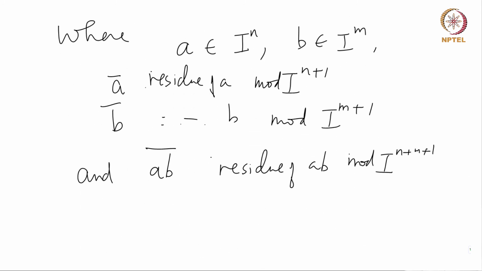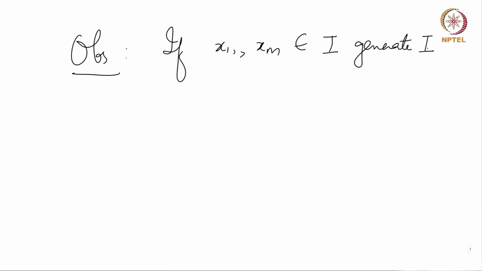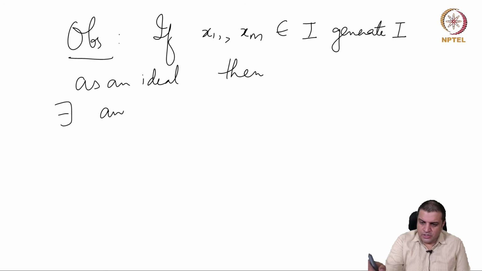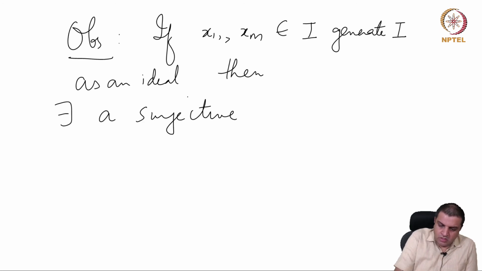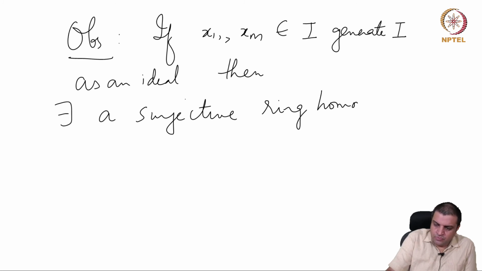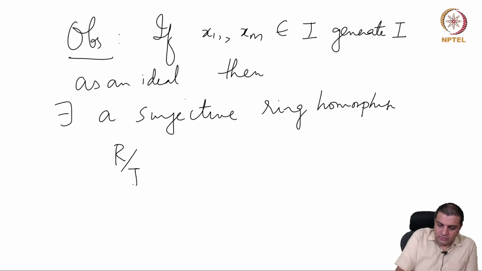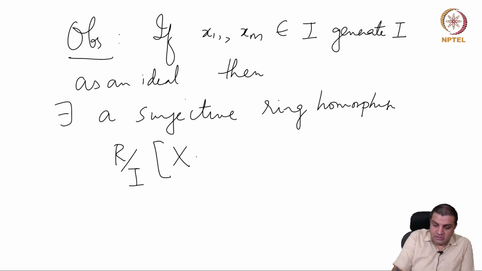And the observation that we would like to make at this point is, if x1 through xm inside I generate I as an ideal, then there exists a surjective ring homomorphism from R mod I, which is the degree 0 part of the associated graded ring, putting in variables, enough of them, m of them, to the associated graded ring.